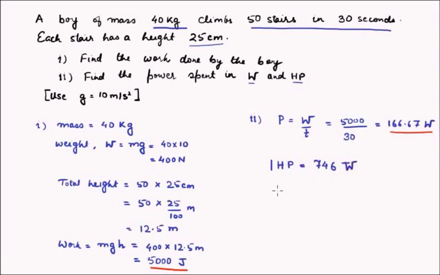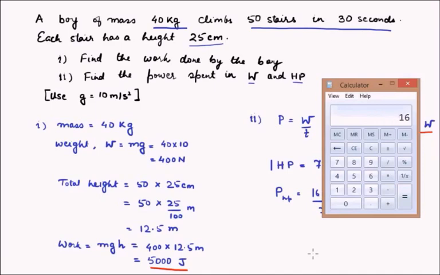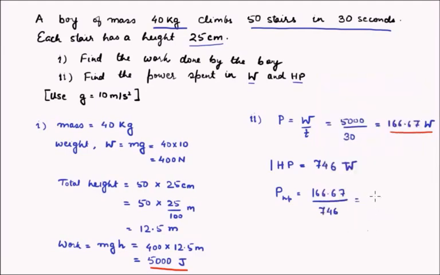Therefore, the power in horsepowers, power in terms of HP, will be 166.67 divided by 746. 166.67 divided by 746 is approximately 0.223 horsepower.